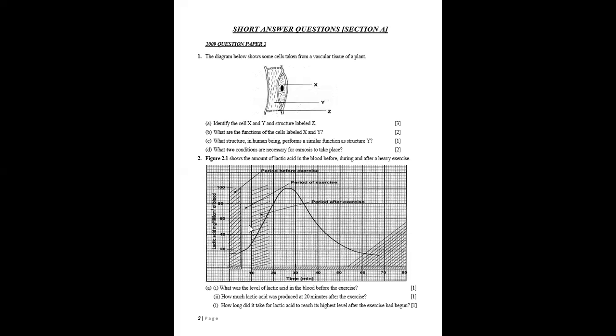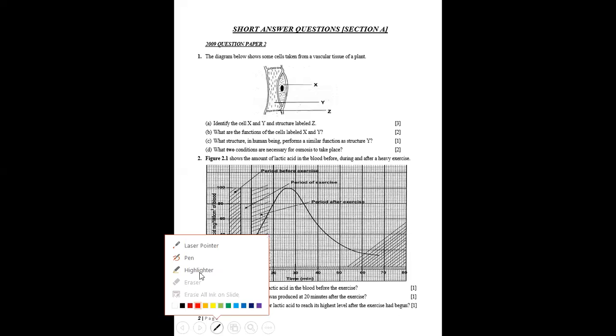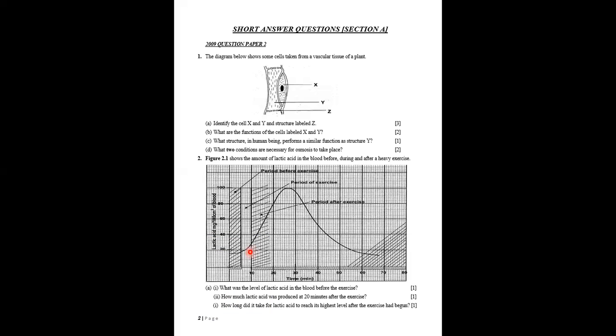Before the exercise, the level of lactic acid in the blood was 18 milligrams per 100 cubic centimeters. That is the answer here.